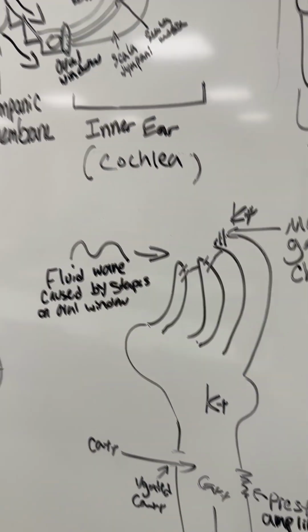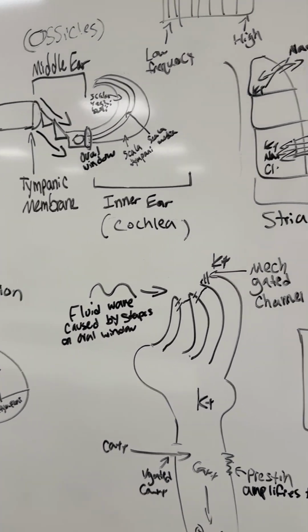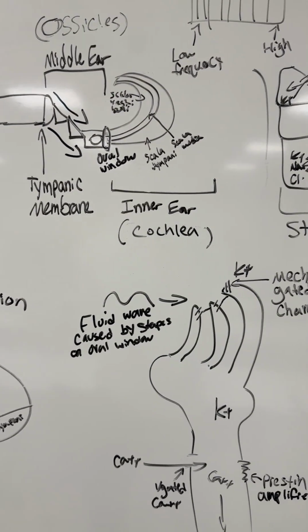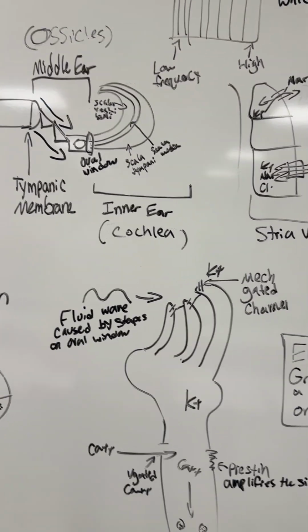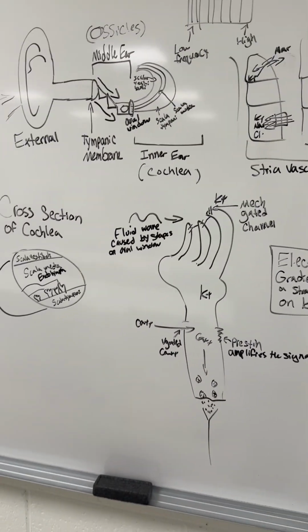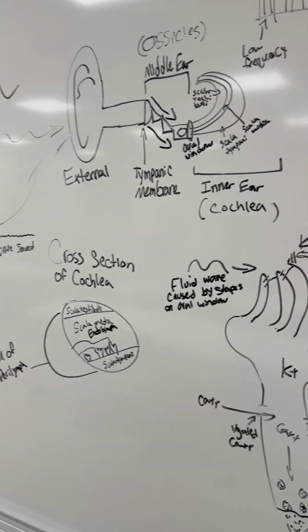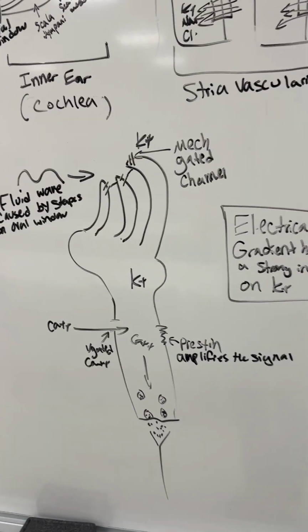And this acts as a pressure release valve. So as the oval window goes in, the round window comes out. And this helps facilitate these waves that go through the cochlea because fluids can't be compressed, right? So we need an elastic structure that has some give to it to allow us to have these waves that can happen.